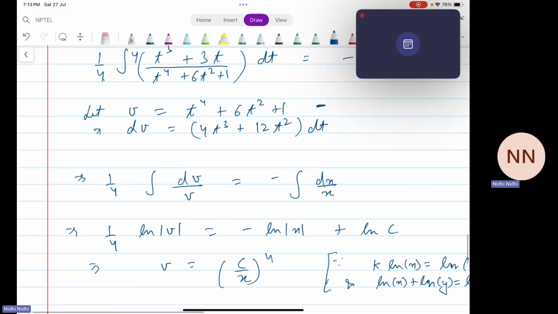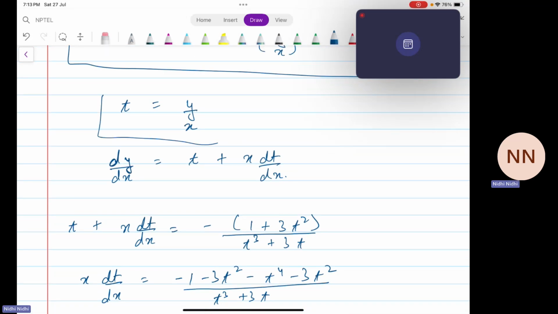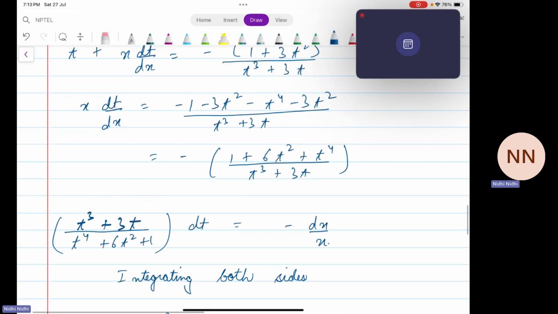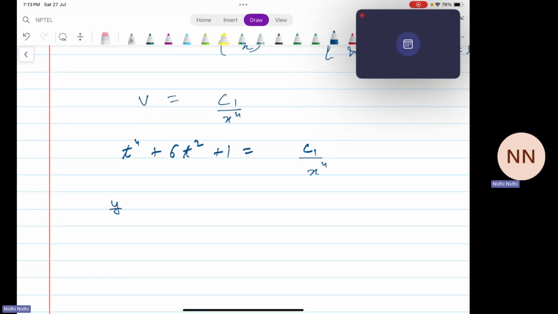Now what was the value of t? t was y by x. Replacing the value of t in the final solution, we get (y by x) to the power 4 plus 6 (y by x) square plus 1 is equal to c1 by x power 4.